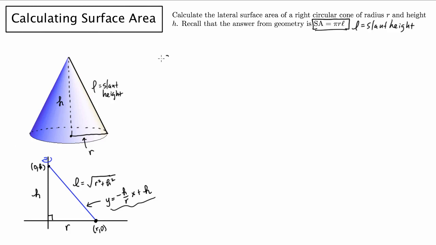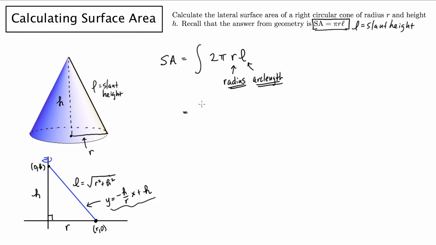Recall from class that if I want to find the surface area of a solid of revolution, this is equal to the integral of 2 pi r L, where r is the radius of the cone, and L is the slant height, or the arc length is how we're going to think of it, of the piece.